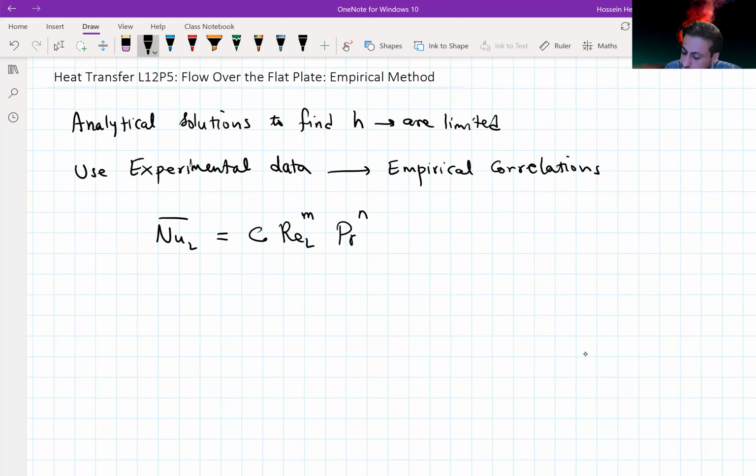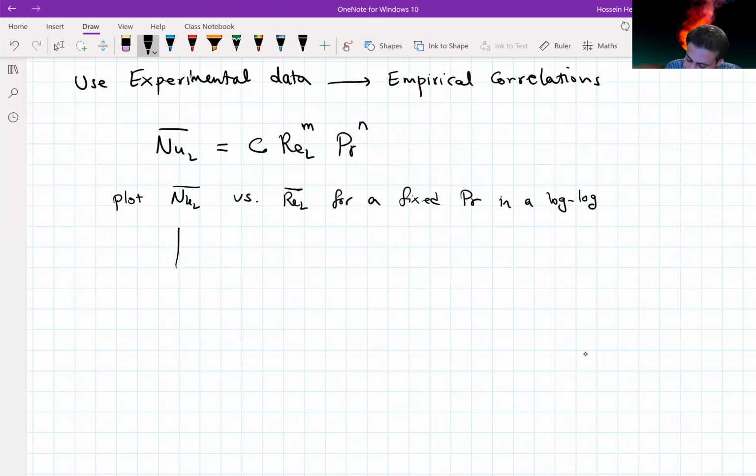So for this specific format, if we plot Nusselt number of L versus Reynolds number of L for a fixed value of Prandtl number on a log-log scale, we are going to get a straight line.